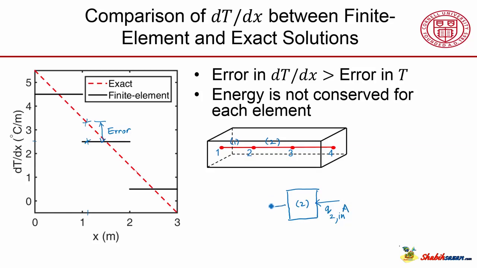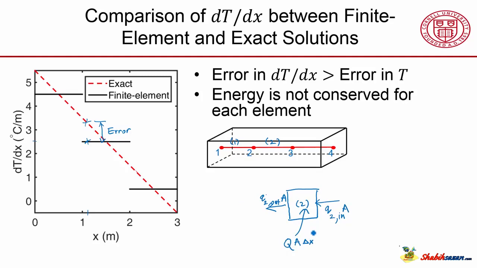And correspondingly, this would be the heat flux going out, and if I multiply that by the area, I will get the heat flow going out. And then I also have the heat being generated in that element. That's Q times the volume, area times delta x.